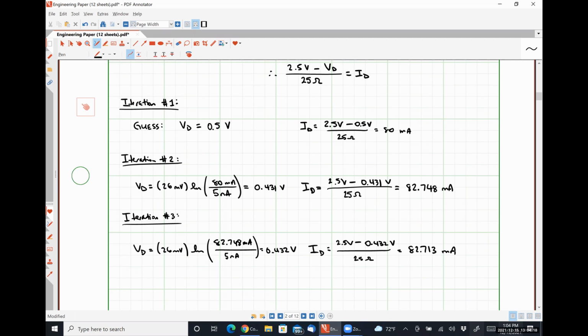But the change in the voltage that we saw between these last two steps is literally a millivolt. The change in our current is somewhere in the ballpark of 35 microamps. This is a pretty good stopping point. Generally speaking, 3 to 5 iterations is all you should ever need for a diode circuit. Okay, it should settle pretty quickly.